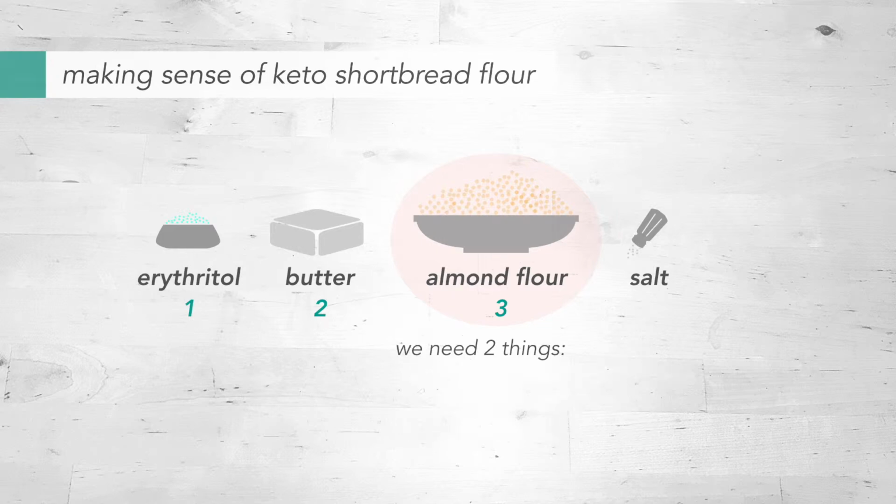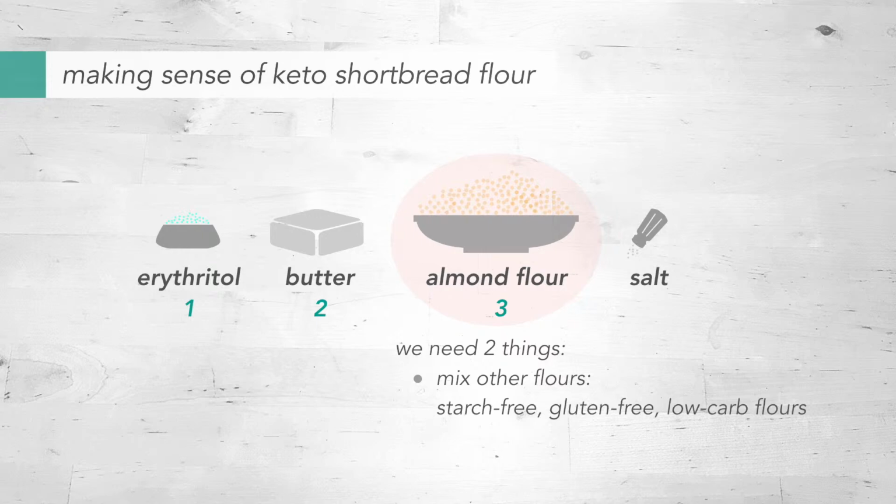So we need 2 things. Mix in other flours, such as any starch-free, gluten-free, low-carb flours, and also a binding agent to actually form a keto shortbread cookie dough. So the recipe becomes 1 part erythritol, 2 parts butter, 3 parts almond flour, X parts other gluten-free, starch-free, low-carb flours, and Y parts binding agent.